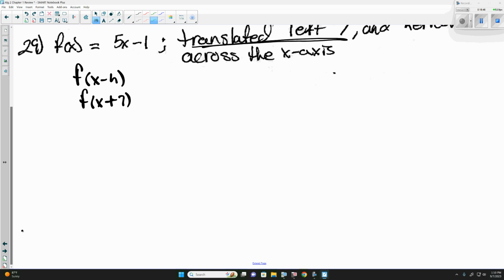Now again, we had something similar in the last one. I've replaced the x with x plus 7. So that means every x in the function is going to be replaced with x plus 7. The rest of the function stays the same. We still have the 5 when we plug it in. But instead of x, we now have the quantity x plus 7 minus 1.